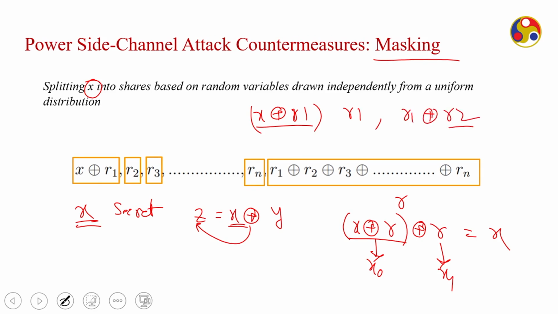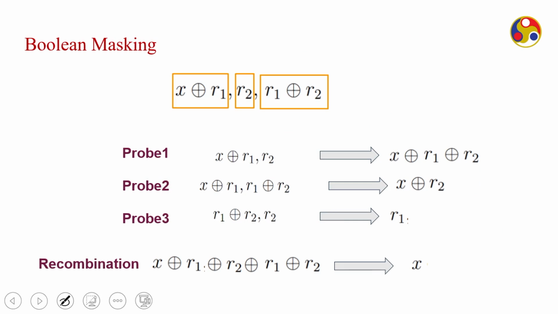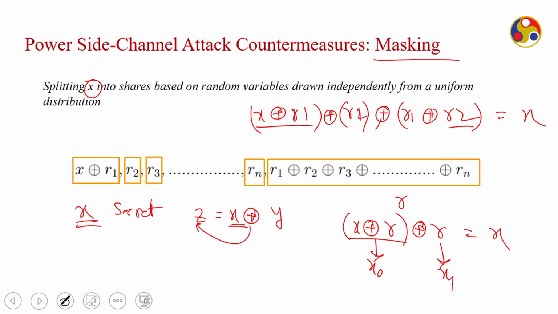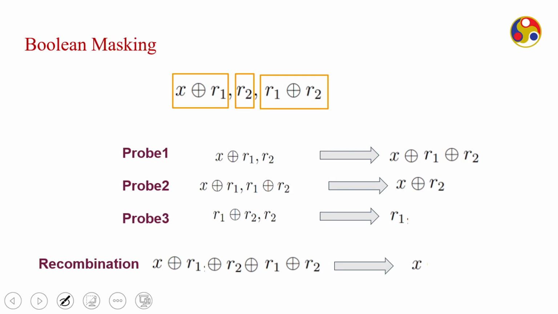So, I will just bring 2 random values, right, and if you do XOR with all these 3, you will get x, right. That is why I told you that this is 3 shares, right. Original value is x, I introduce 2 random variables R1 and R2, I will create x XOR R1, that will be my input to the device now, R2 and R1 XOR R2.